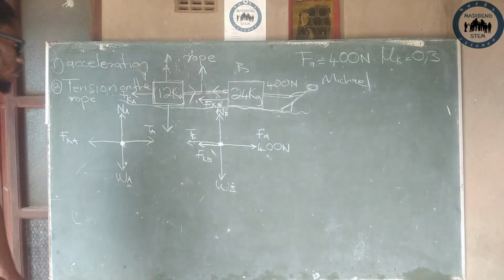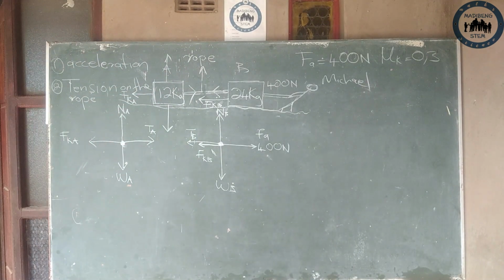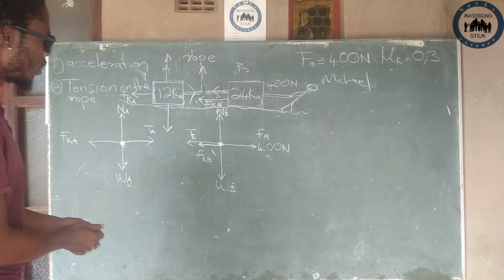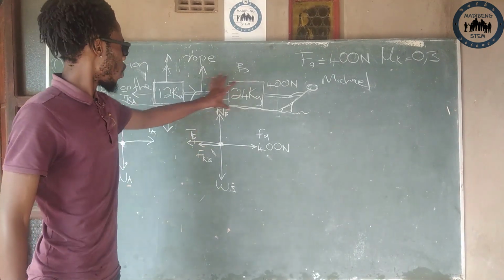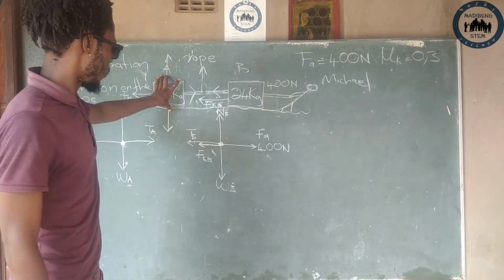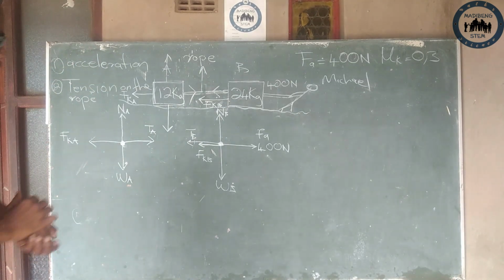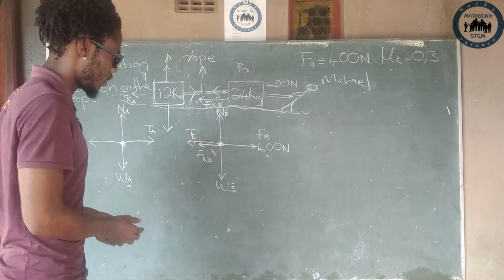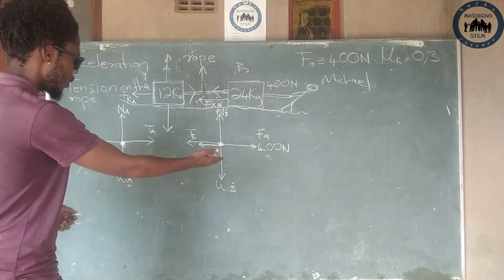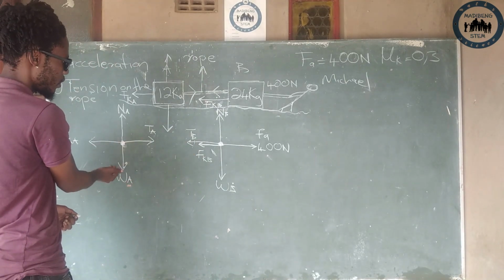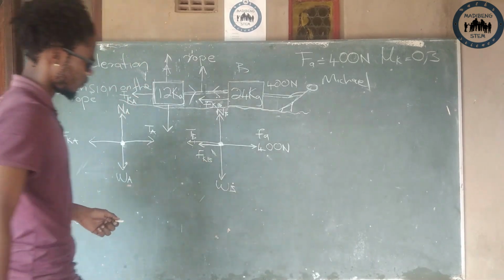So now we can see all the forces that our two objects experience. So let's go ahead and find all these forces. Let's calculate the weight for this object and the weight for this object.